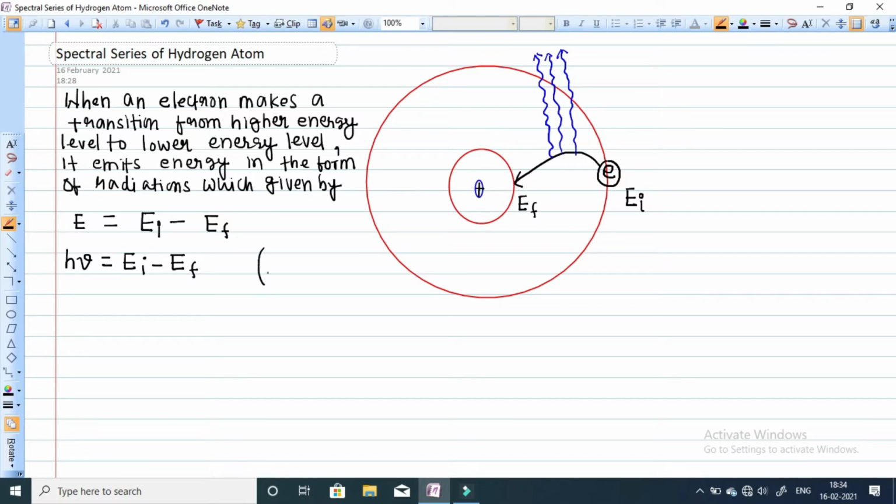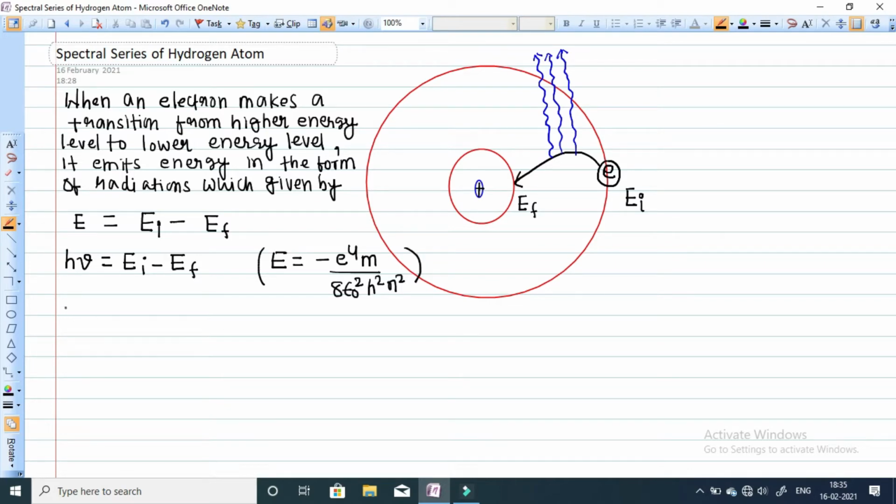Now we know the energy of the electron in the nth energy state is given by E equals minus e to the power 4 into m divided by 8 into epsilon naught square into h square into n square, where n is the quantum number.